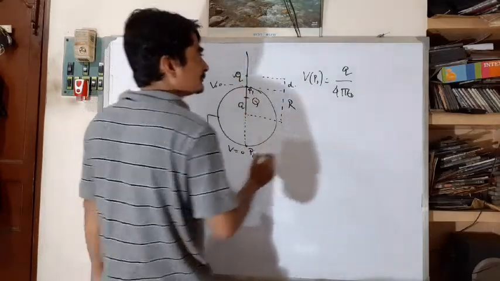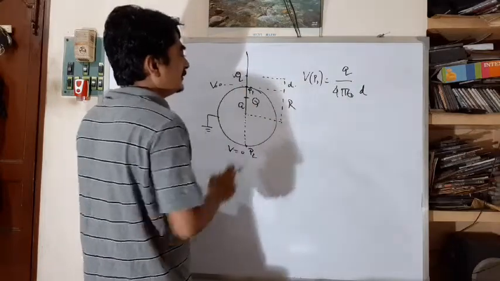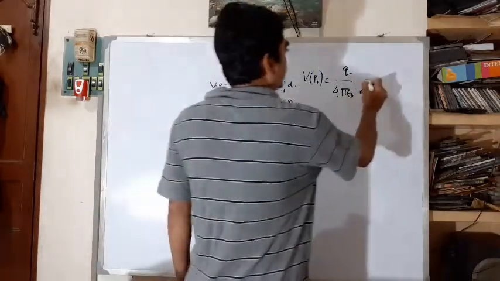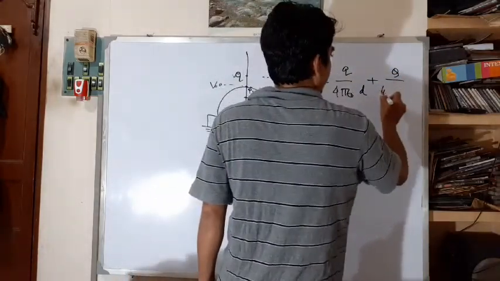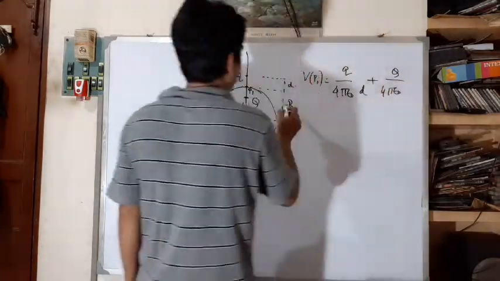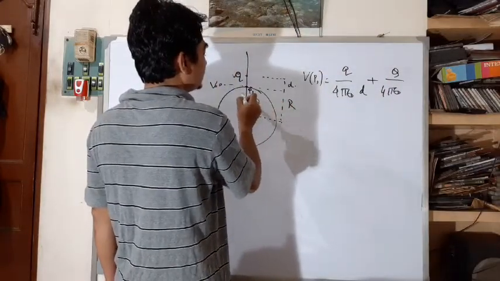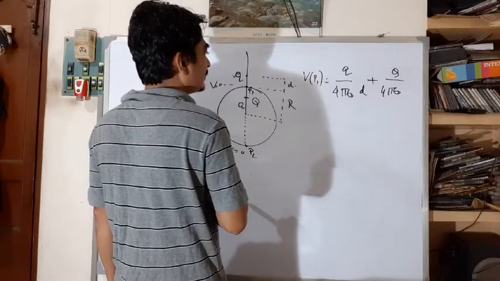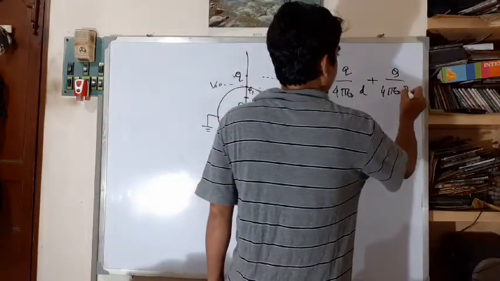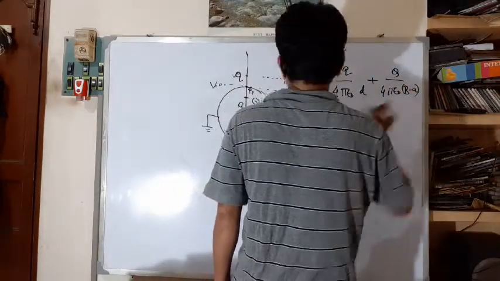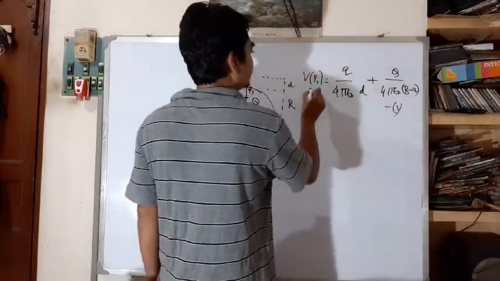D, simple D, and due to this image charge, plus Q by 4 pi epsilon naught, what is the distance? R minus A. Equation number 1, this is 0.